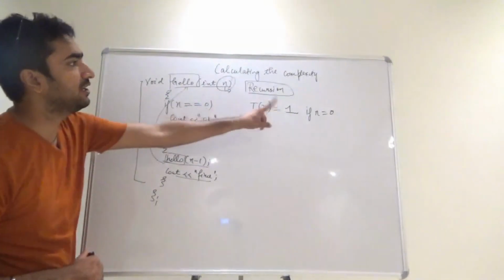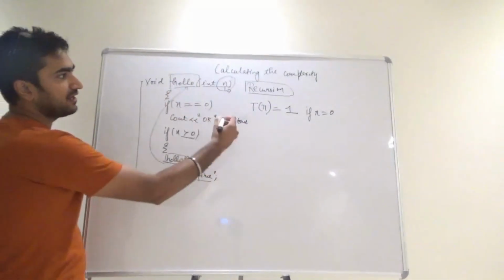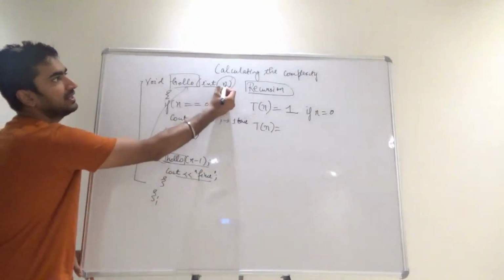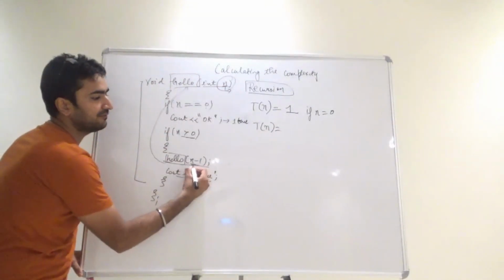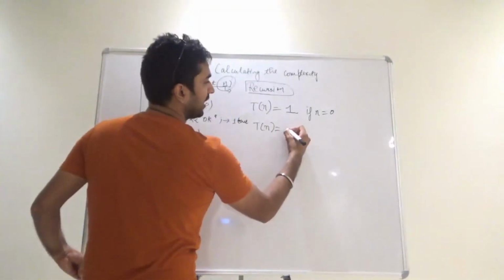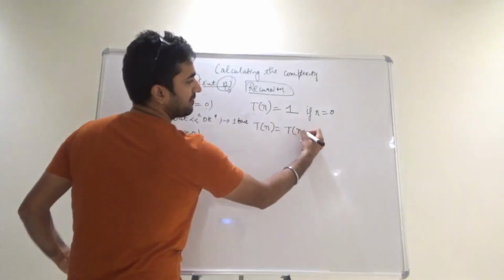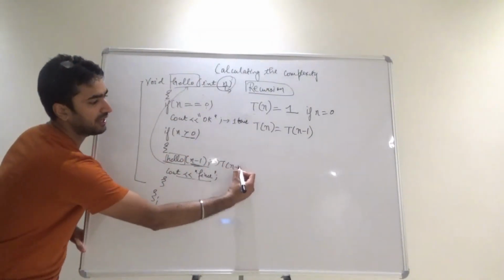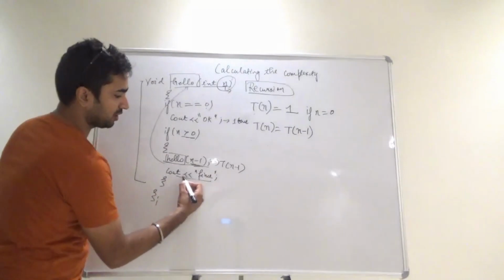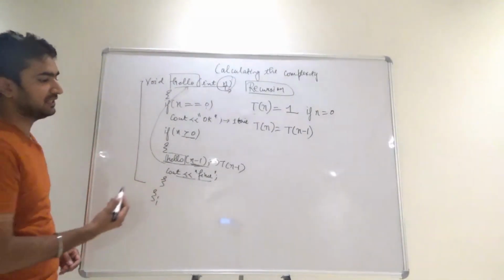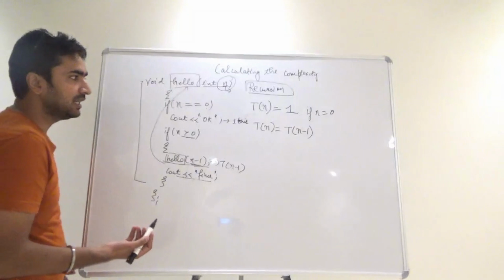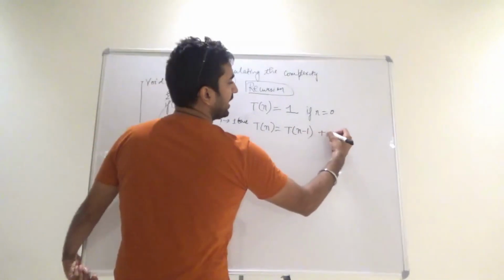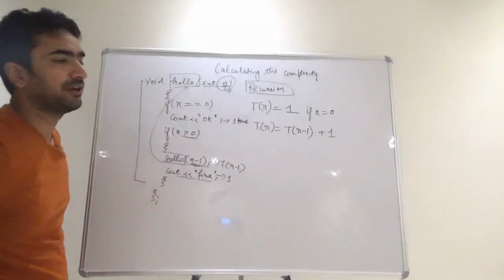If n value is greater than 0, this is running for n minus 1 time, so I will write T of n minus 1. And what about this particular line, which is cout fine? This is only one line, so its time complexity can be measured as 1. So I can write this particular part over here.